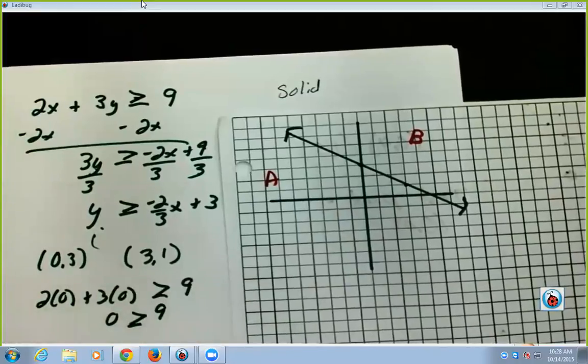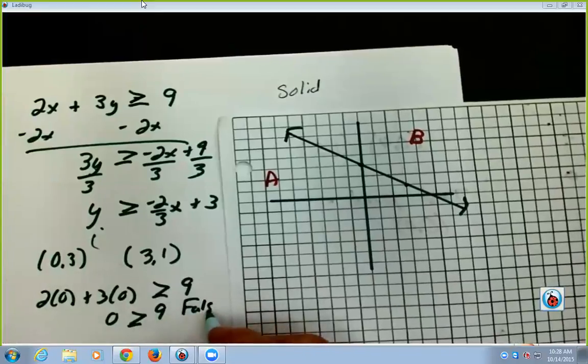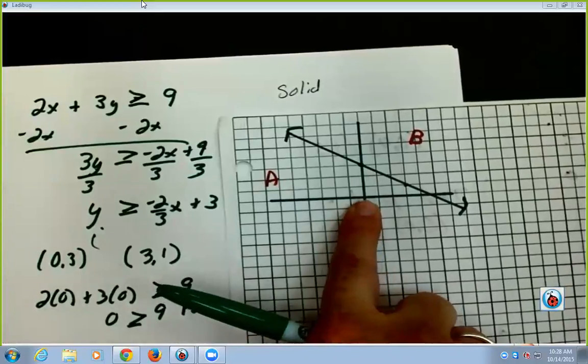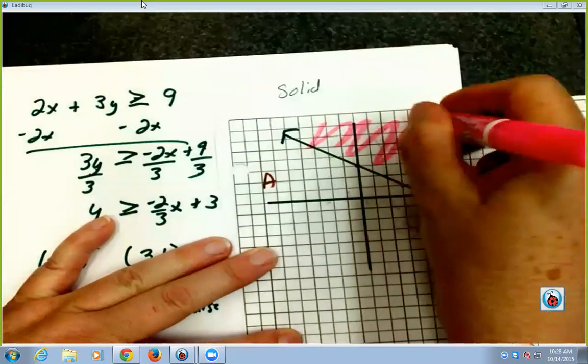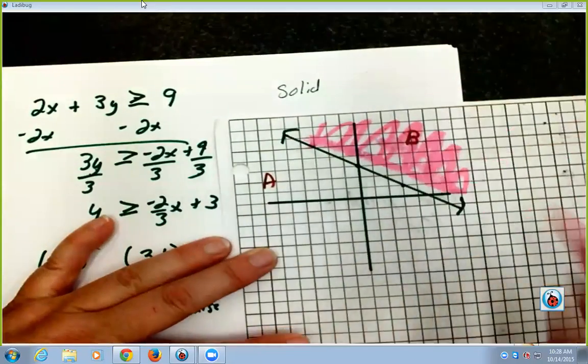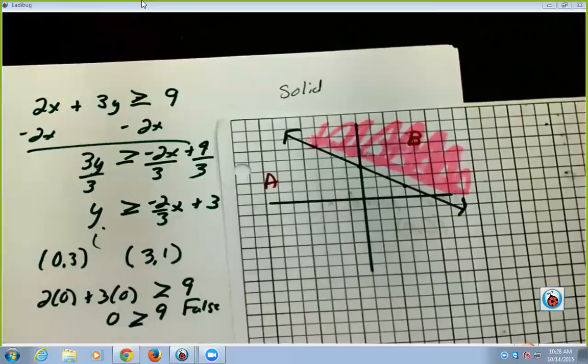Yeah, no, it's not. So this is false. So doggone, I still can't shade that side, so I would pick side B. So side B would end up being the piece that's shaded in here. Okay, making sense? Okay, that's good.